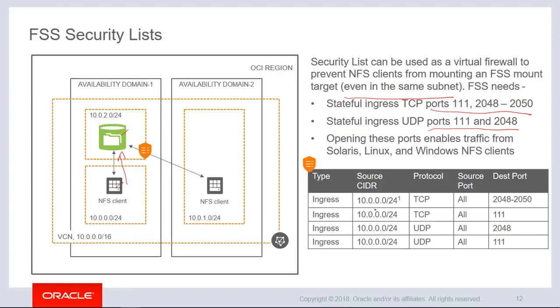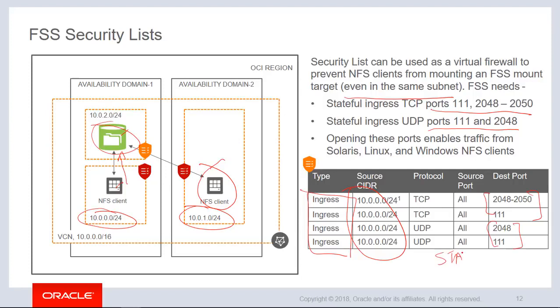And right here you can see that for this particular mount target, I am opening the traffic from this particular subnet right here, and I'm opening the traffic for TCP, a few ports, and for a couple of ports for UDP. Now one of the problems you would notice in this graphic is if I have an NFS client right here in another subnet, I have to repeat the same thing, the ingress rule. And by the way, these are all stateful. It's actually not written here, but these are all stateful.